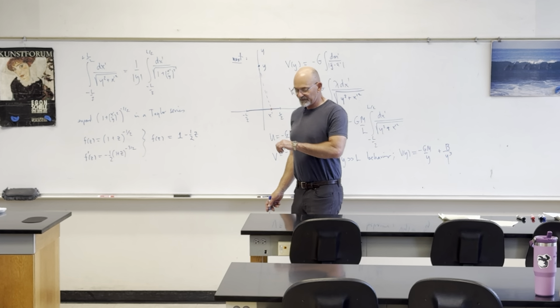So the idea is to take this and substitute it. I'm going to put it in here anyway, we can't restrict. So now we have the integral from minus L over two to L over two. We've got dx prime, and now I'll put the one over y out here.